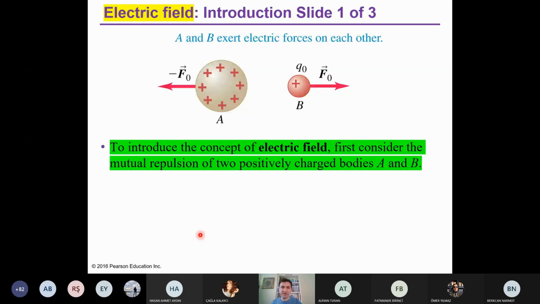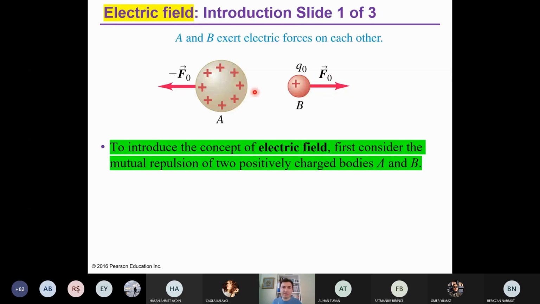On the left side, we have a bigger ball, called ball A, and it is positively charged. And on the right side, we have a test charge, Q0. This test charge is also positively charged, okay? Then what about the forces on these positively charged balls?